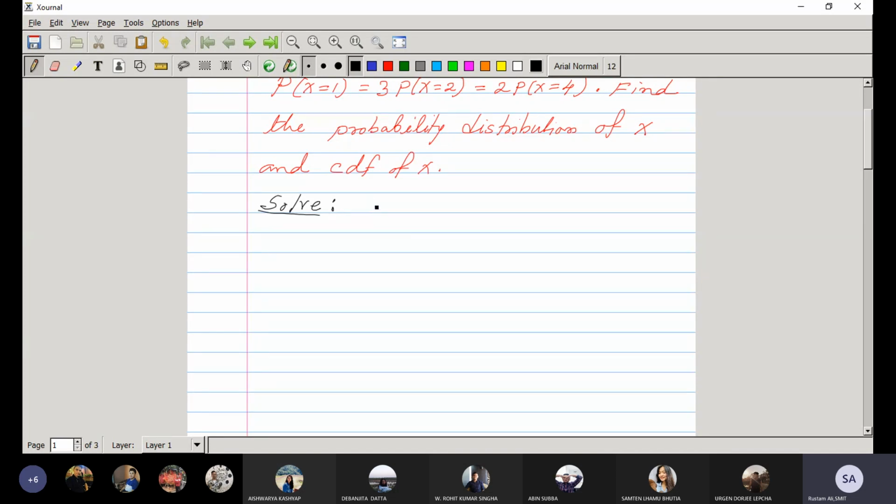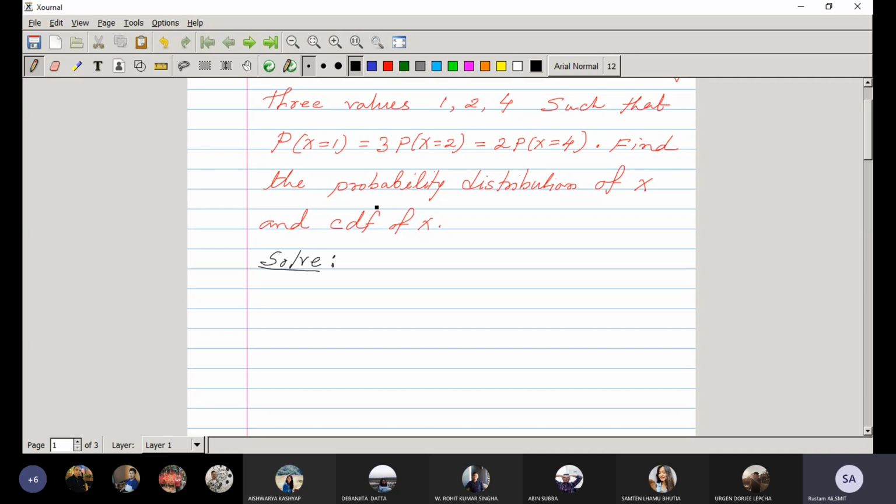Here it's given X is taking three values 1, 2 and 4, and probability X equal to 1 is equal to 3 into probability X equal to 2 is equal to 2 into probability X equal to 4. So we are assuming let 3 probability X equal to 2 plus 2 probability X equal to 4, this is equal to k.